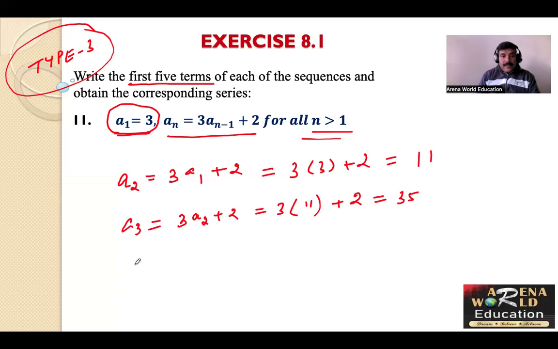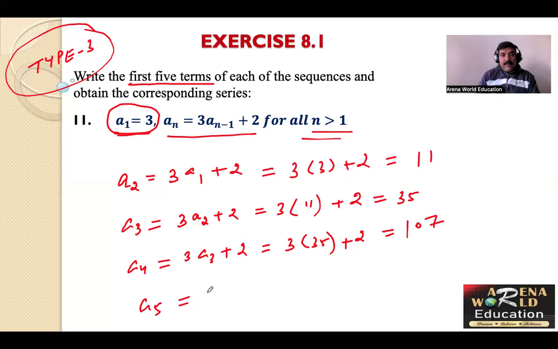Yes. A4. A4 will be 3 A3 plus 2, and 3 into 35 plus 2. So 35 into 3 is 105 and this will be 107. And last is A5.